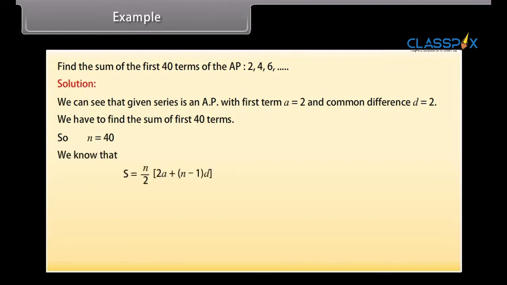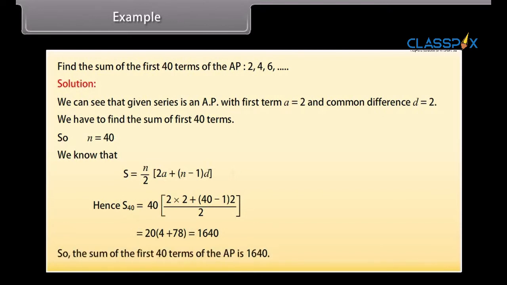We know that S is equal to n upon 2 into 2a plus n minus 1 into d. Hence, S40 is equal to 40 upon 2 into 2 plus 40 minus 1 into 2, which is equal to 1640. So the sum of the first 40 terms of the AP is 1640.